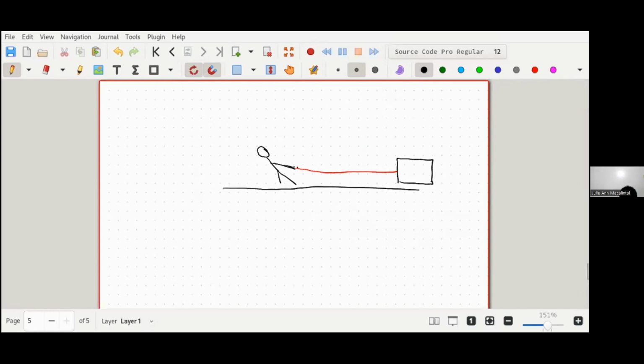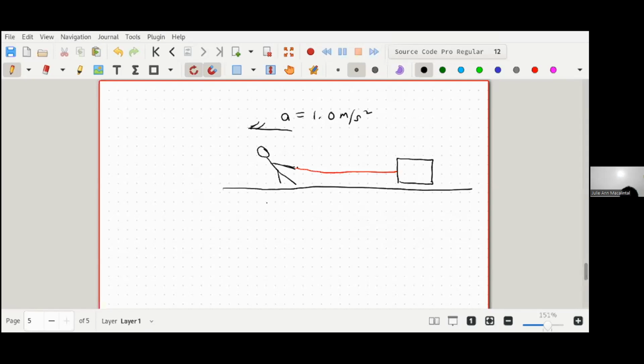Tapos they're both moving. They both have an acceleration. So all of these have an acceleration of 1.0 meters per second square. So lahat sila moving with the same acceleration.